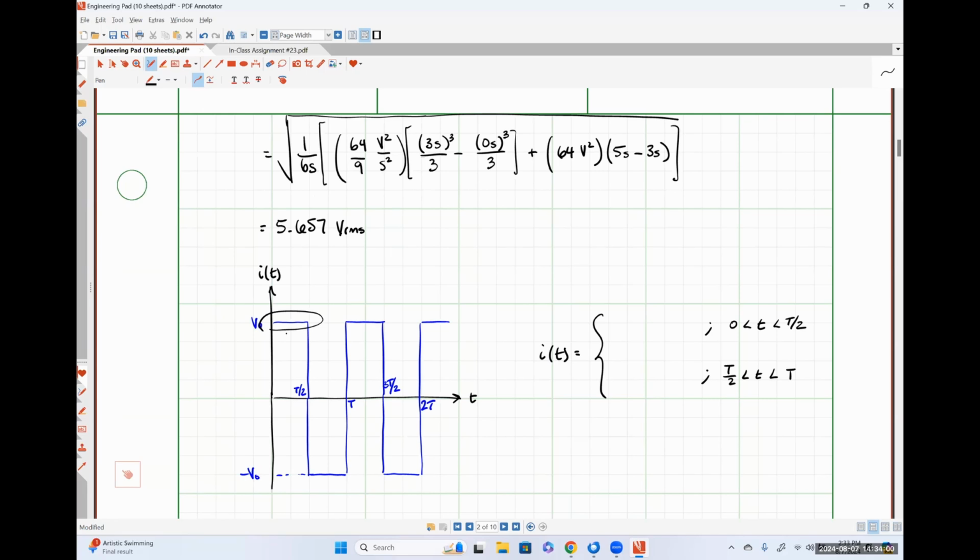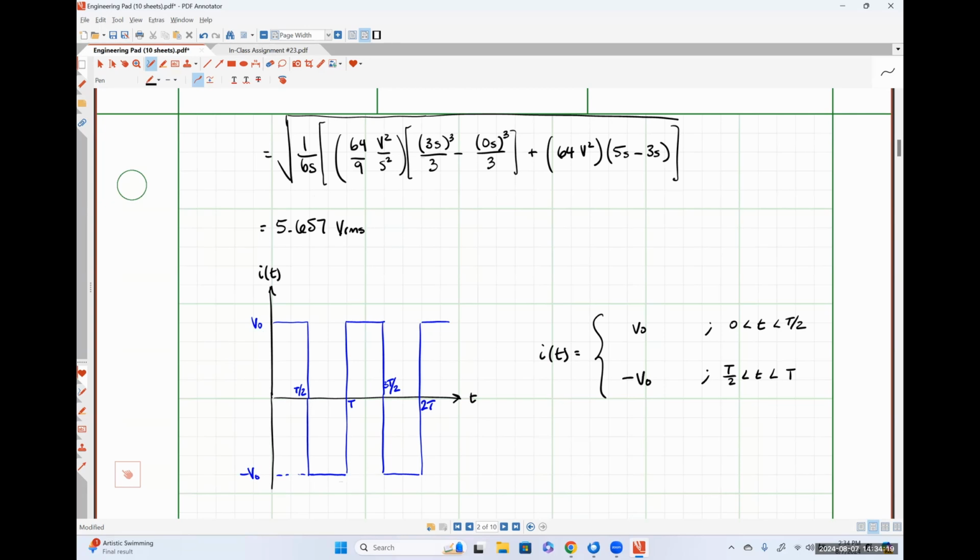It is V naught. And what is the value of our signal over the interval from capital T over 2 to capital T? So effectively this bit right here. Negative V naught, absolutely right.